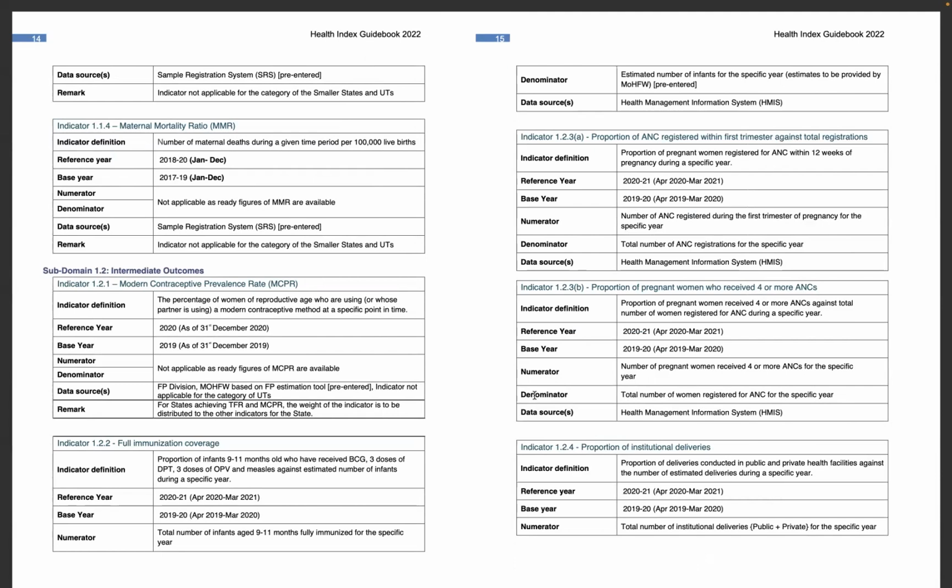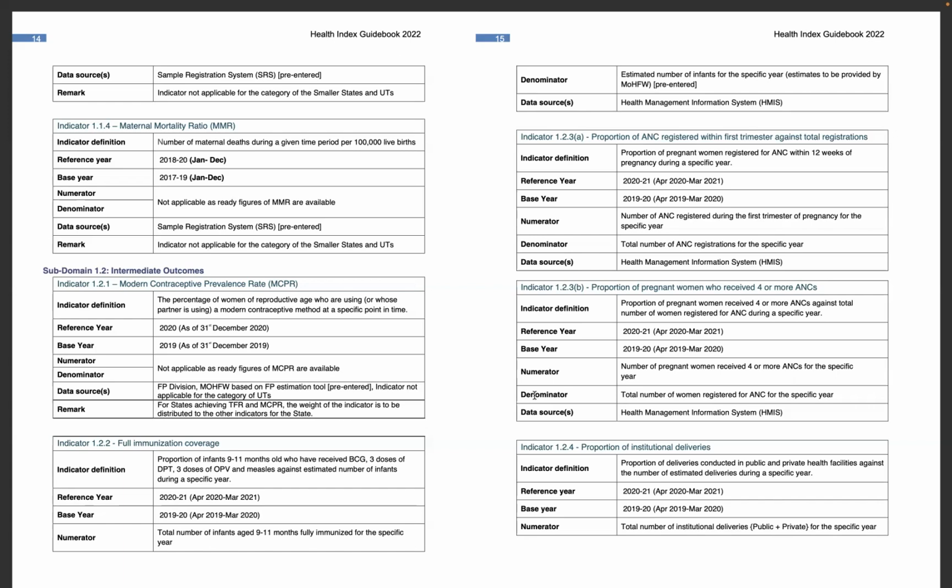They are writing here the reference year, base year, numerator, denominator, data source, and remarks for each of them. That is, proportion of ANC registered, proportion of pregnant women who received 4 or more ANCs, proportion of institutional deliveries, full immunization coverage, modern contraceptive prevalence rate, maternal mortality rate. They are getting this data and feeding it into that particular data web or data portal.